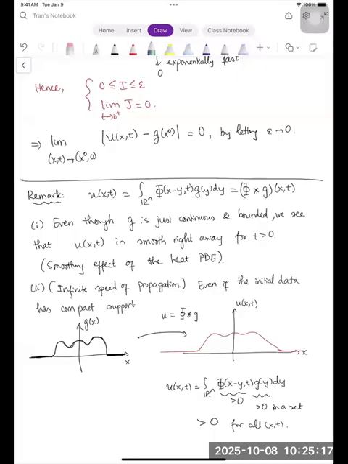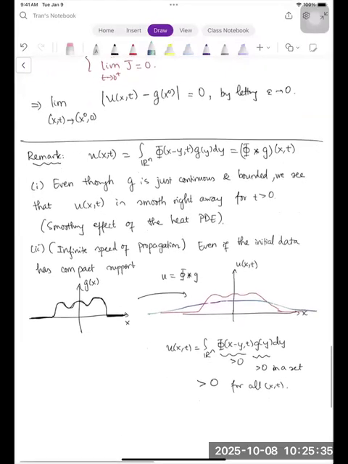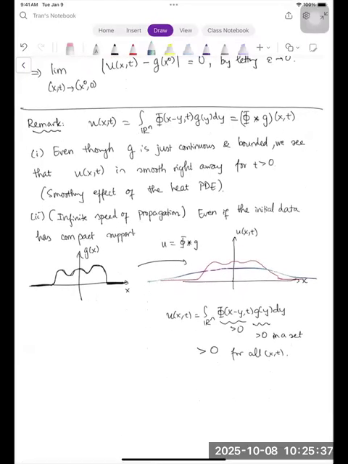And if you go further, it's going to even out more and more. Okay, so those are two very important properties of the heat equation: the smoothing effect and the infinite speed of propagation.